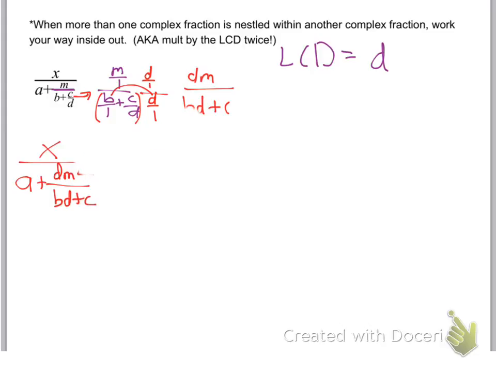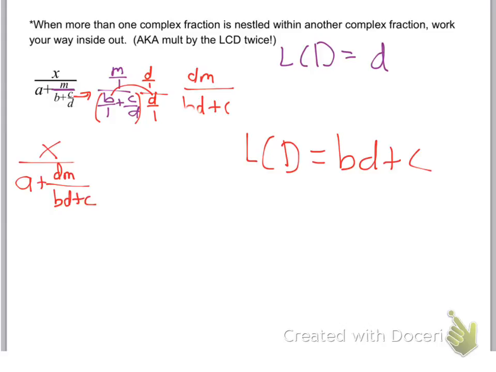I'm going to take this one out to give myself more room. Now, looking at those 3 individual pieces in the larger one, what is the LCD? The LCD is bd plus c. It's the only denominator.